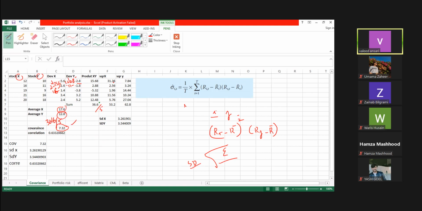What I have done further here is that if you wish to calculate correlation, the correlation of security I and J, or X and Y, is simply the covariance of X and Y divided by the product of the standard deviations of X and Y. So I have calculated this here.